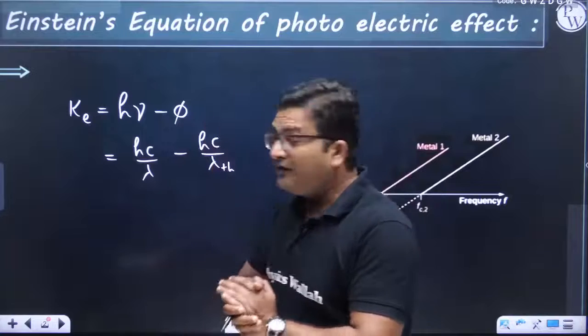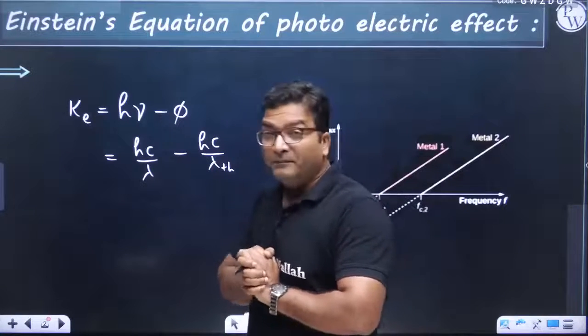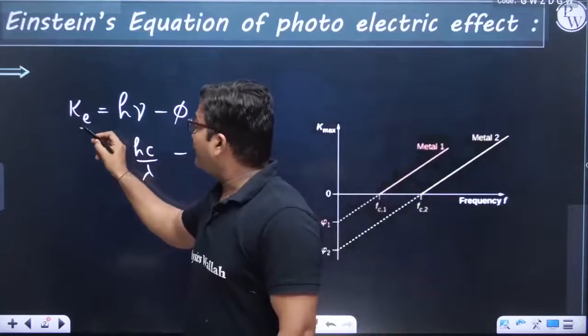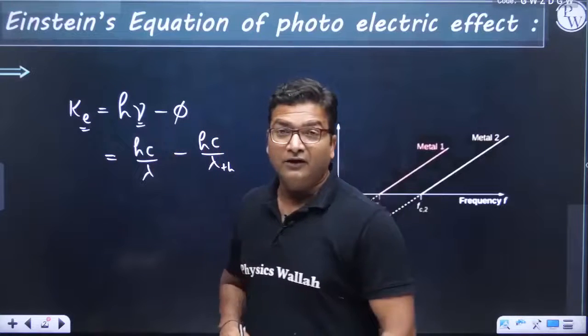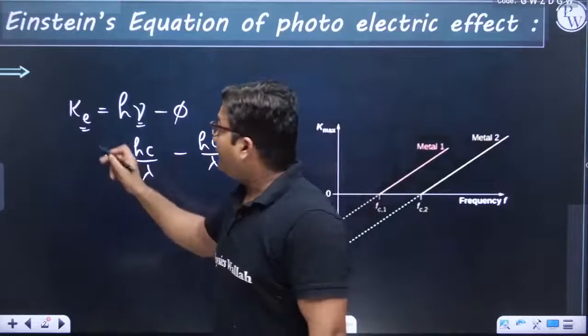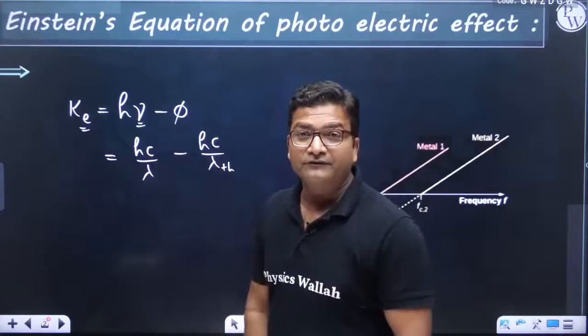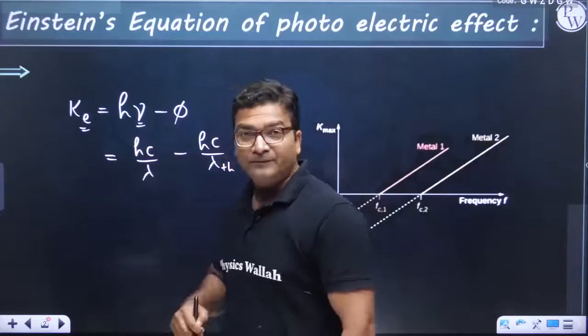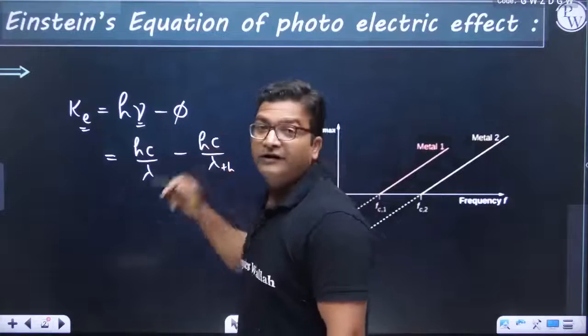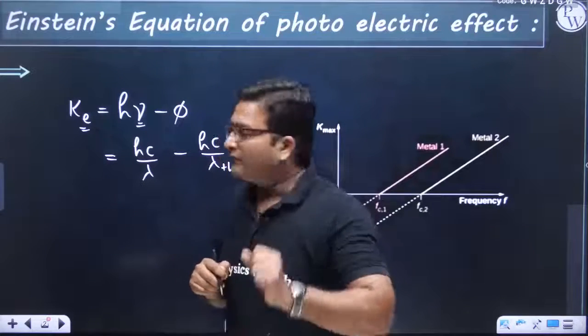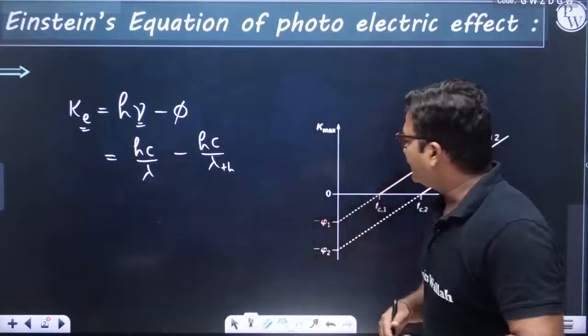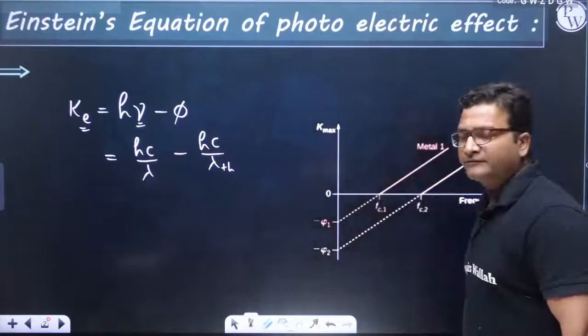If we plot a graph between kinetic energy of electron and frequency of light photon, you can see this is a y equals mx minus c type of graph. It has a positive slope and a negative y-intercept, so obviously the graph would look something like this.